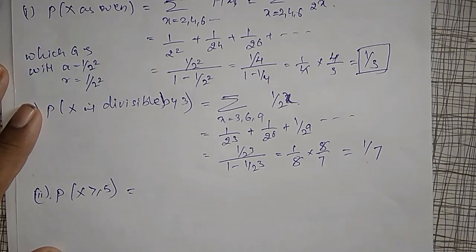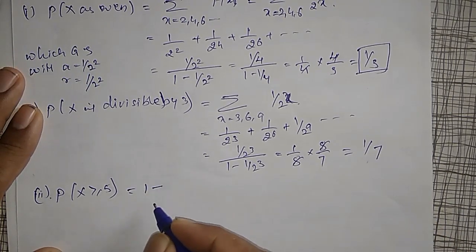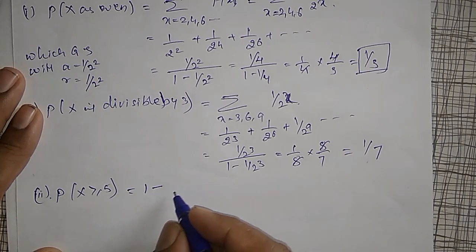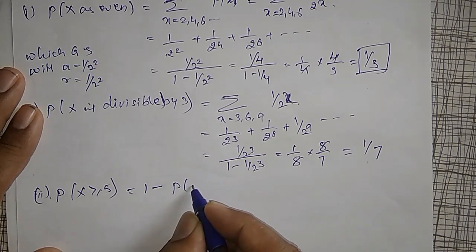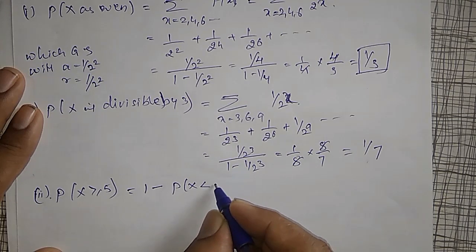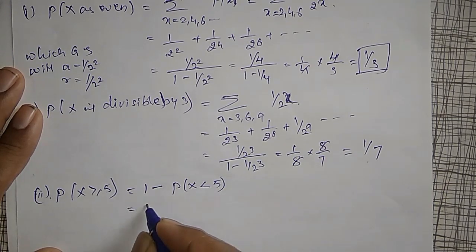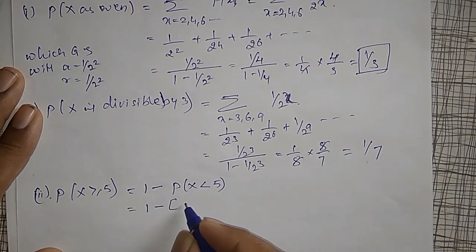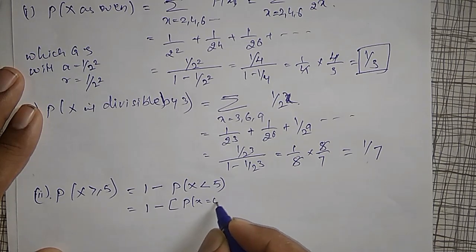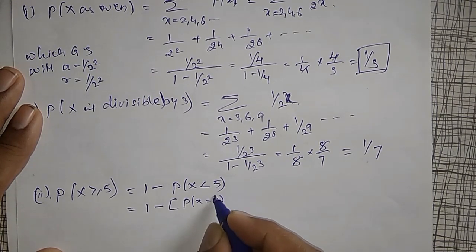First of all, I can write it as 1 minus the probability of x less than 5, which is 1 minus [P of x equal to 1 plus P of x equal to 2, P of x equal to 3, P of x equal to 4], sorry, it is starting with 1.